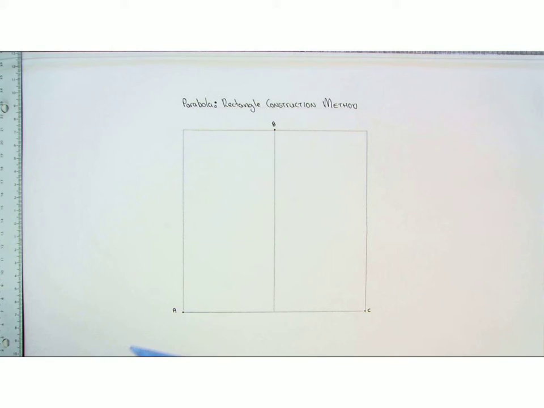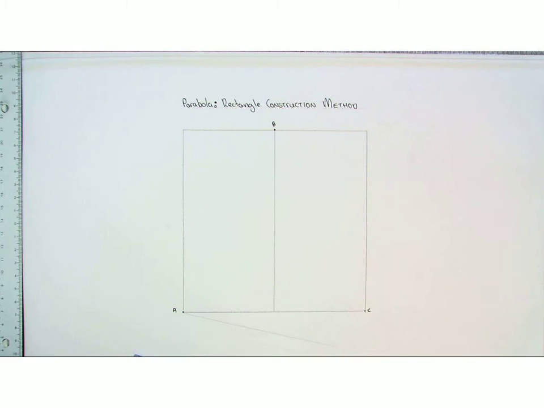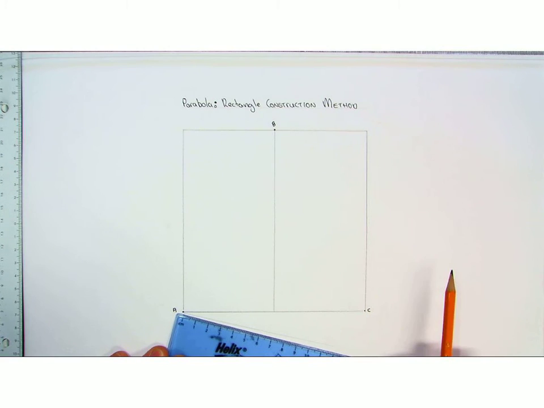To do this, I'm going to start with the bottom line. I am going to draw a line out at any angle. As I want to divide each rectangle up into 5 equal parts, I'm going to step 10 equal measurements out onto my line. So, putting my set square down, I'm going to divide my line up into 10 equal segments of 10 millimeters.